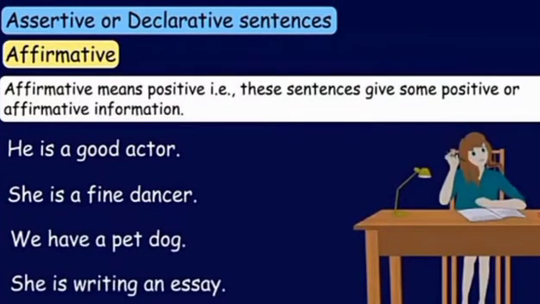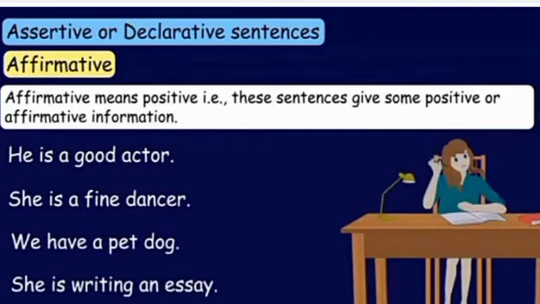Let's see some examples for affirmative sentences. He is a good actor. She is a fine dancer. We have a pet dog. She is writing an essay. So, these sentences are very positive, and they give positive or affirmative information.